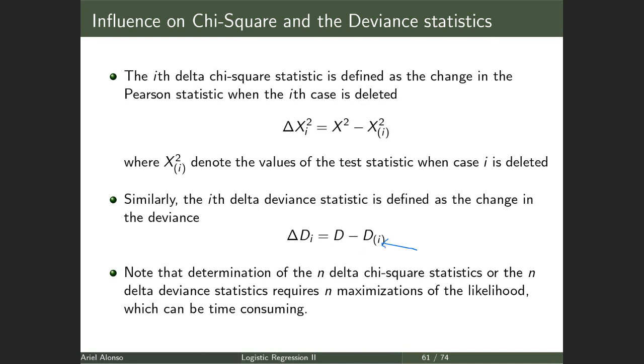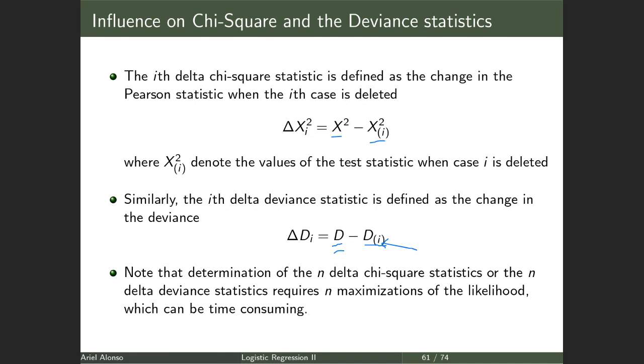Now, you need to take into account how many delta chi-square and delta deviance you need to calculate. You need to calculate one per observation, right? For every observation, you need to calculate the deviance of the data without that observation. This one, you do it one time. This is the general chi-square test, general deviance. But then you need to remove observation 1, calculate this.